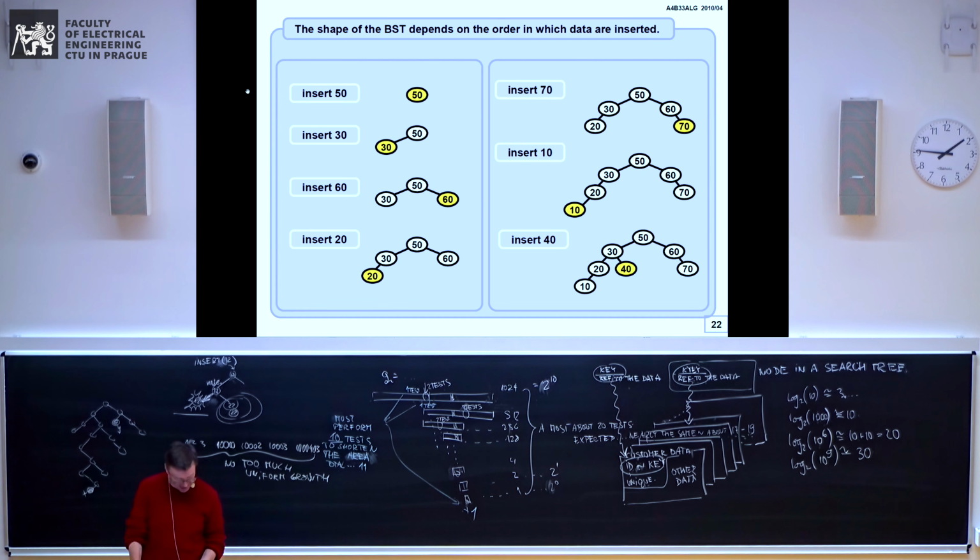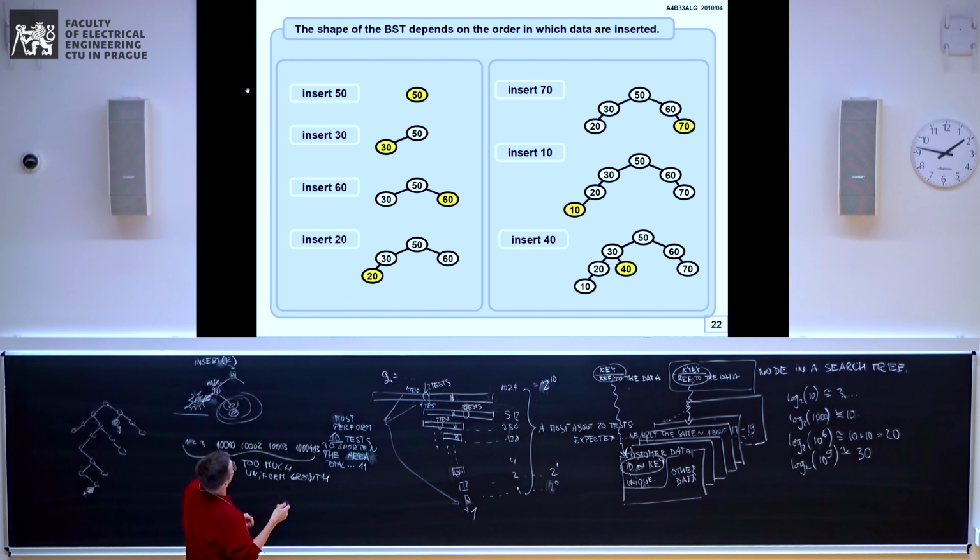The next slide reminds us that while we know that the order of elements in the search tree from the left to the right is increasing, smaller, bigger, and bigger, the shape of the tree might be quite different. So this example shows you a sequence of insertions.